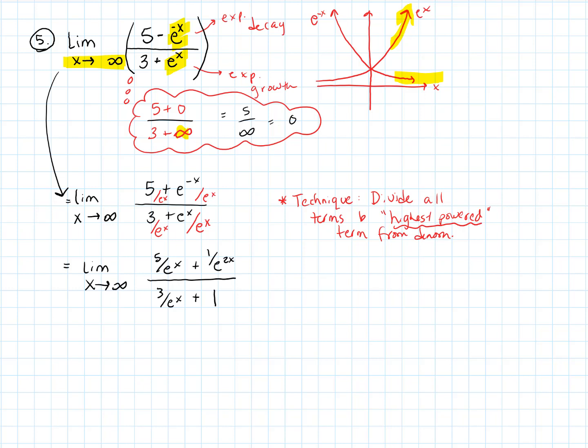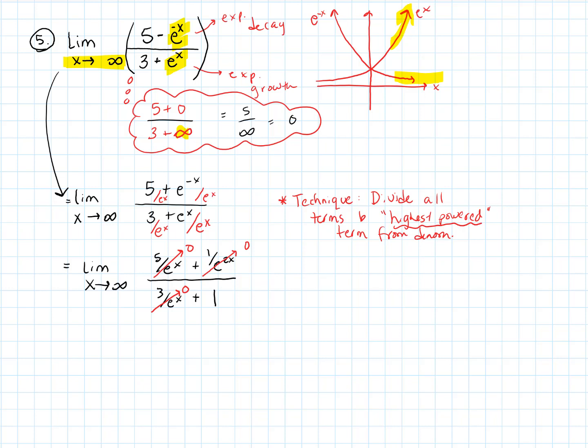And so what's going to happen here? Well, for this entire numerator, each of these little terms, we can utilize the fact that as x grows without bound, e to the x is also growing without bound. 5 divided by infinity is going to approach 0. 1 divided by infinity is going to approach 0. 3 divided by infinity is also 0. And I'm saying divided by infinity because it's easier than repeatedly saying 3 or 1 or 5 divided by something that grows without bound.